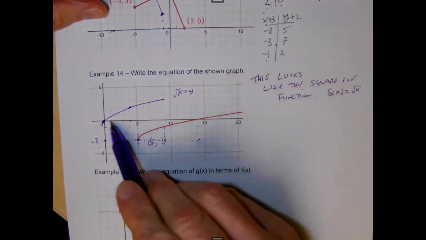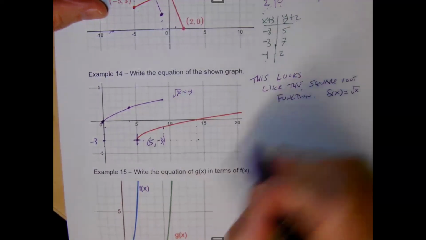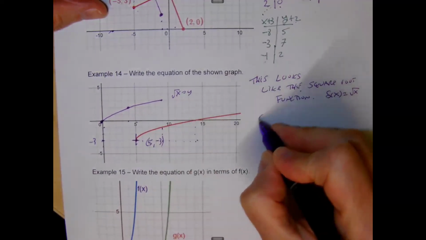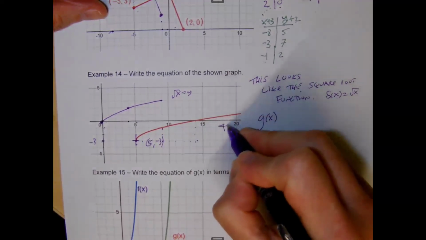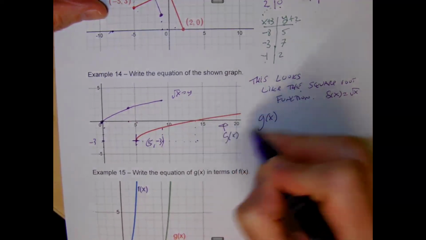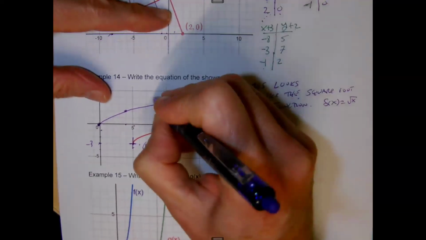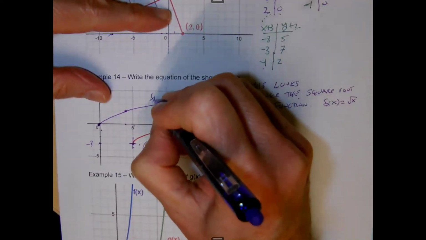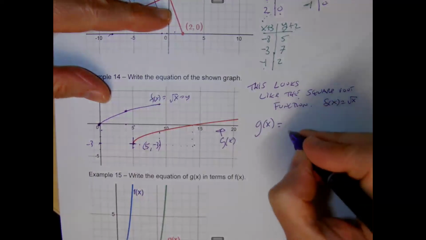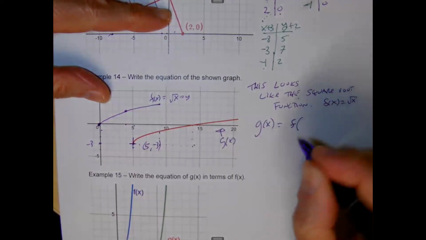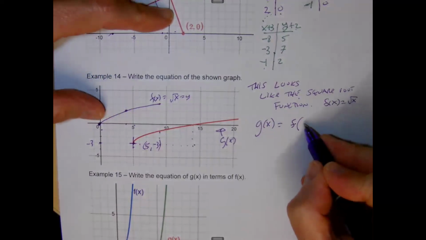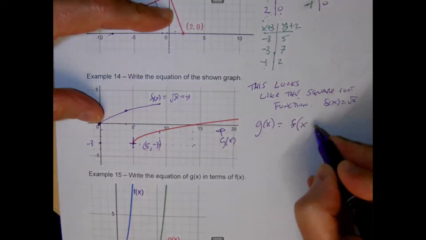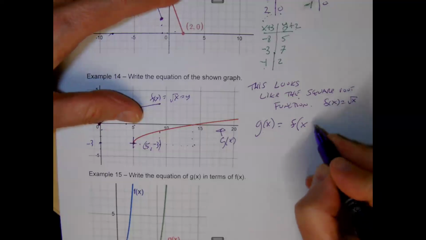It looks like I moved 5 units to the right. So I'm going to call this new one here g of x, and I'm going to write this in terms of, let's say this one is f of x. So writing g of x equals, I write everything in terms of f of x. It looks like I moved 5 units to the right.